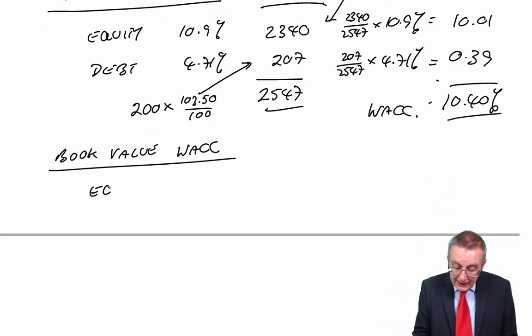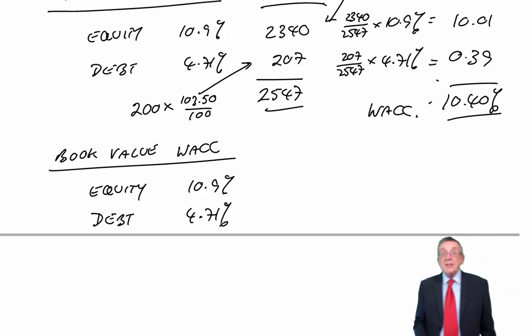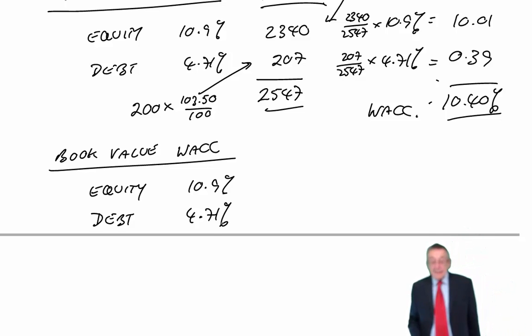So equity, the cost we calculated was 10.9%. The debt was 4.71. Those don't change. All that changes is the weighting.